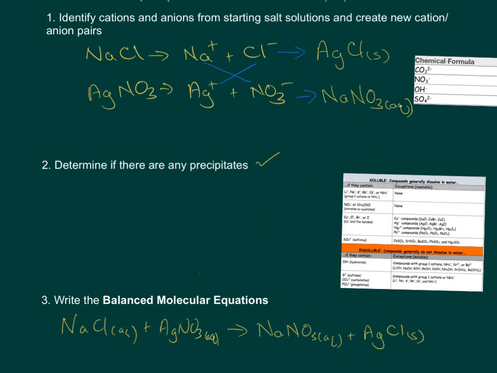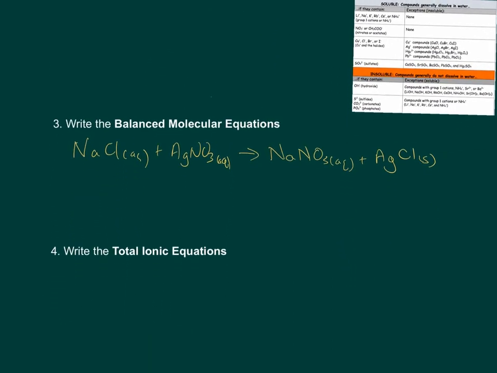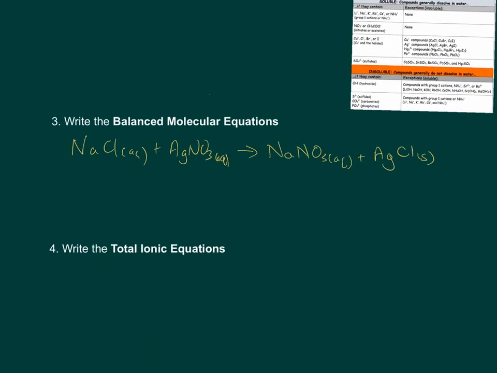So the balanced molecular equation is one way of representing a precipitation reaction, but there's another way called a total ionic equation, and that does a better job of representing exactly what does happen to the individual ions in the solution. So in the total ionic equation, you break the aqueous species up into their cation and anion pairs, since that is how they actually are present in the solution.